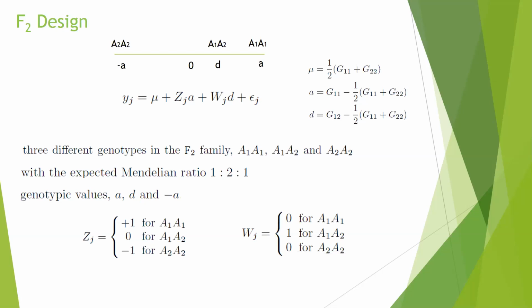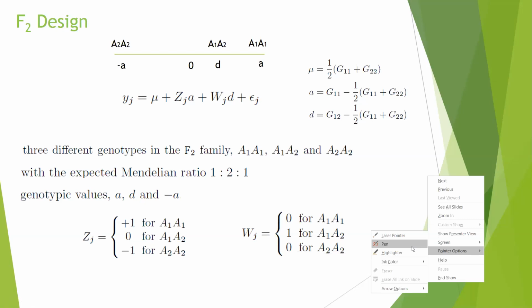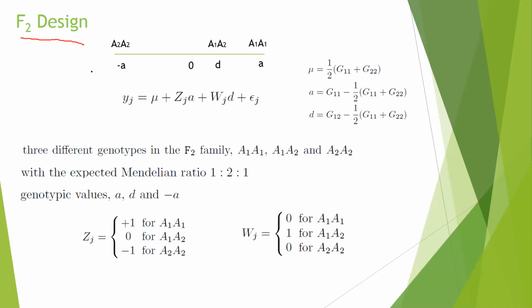All right. So last week we learned how we can use the linear model to help us detect the major gene effect, right? Today we're going to continue this topic and talk about the F2 design. Because this is an F2 design, it's better than backcross because we have data for all three genotypes.